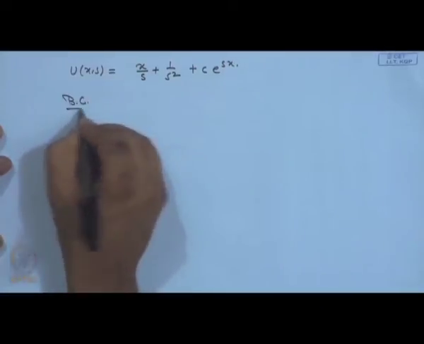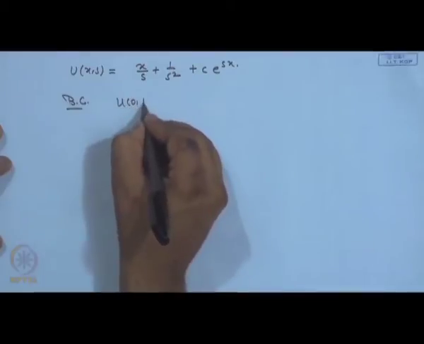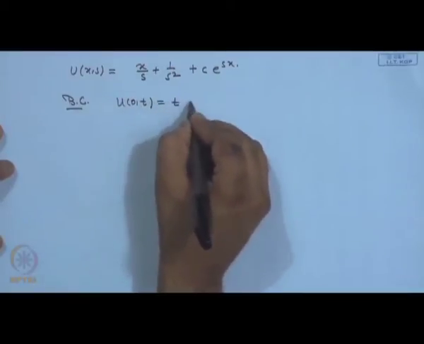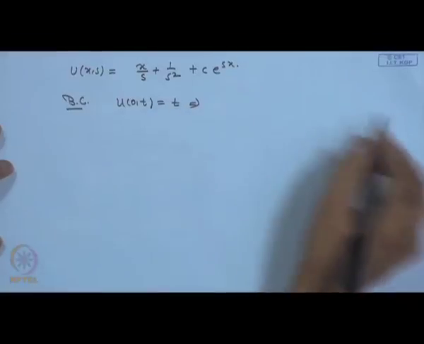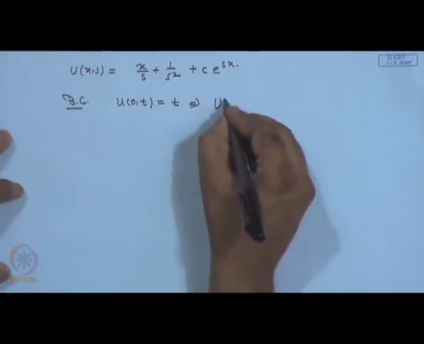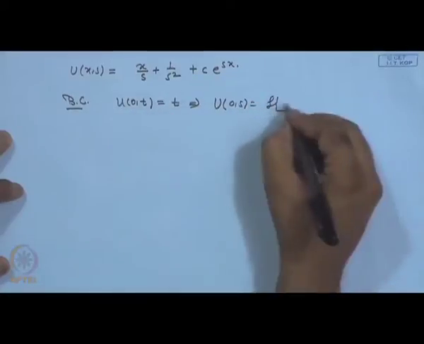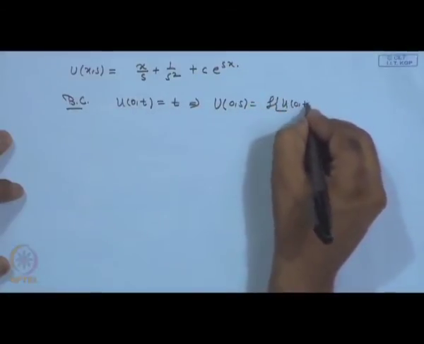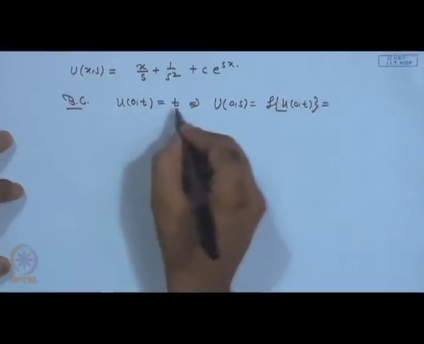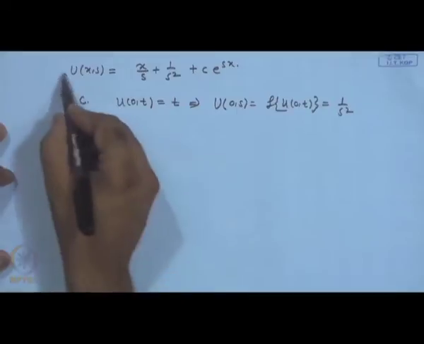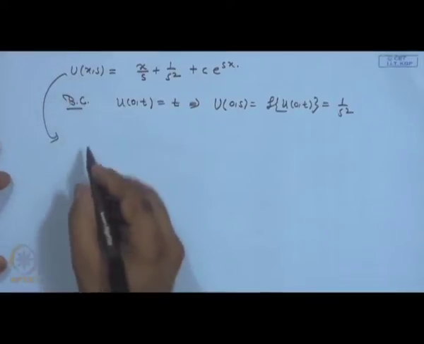The boundary condition we have to use now. So, u at x equal to 0 is t, and if we take the Laplace transform on both sides, what we get is U(0,s), that is the Laplace transform of u(0,t), and this is t. So, we have 1 over s squared. So, if we go back to this equation, put x equal to 0.